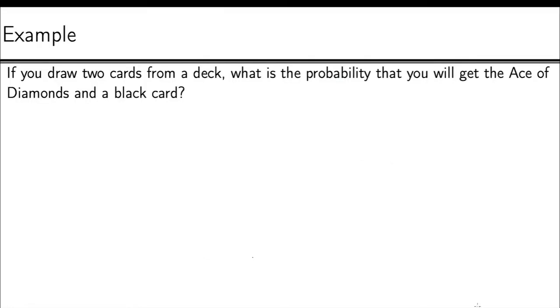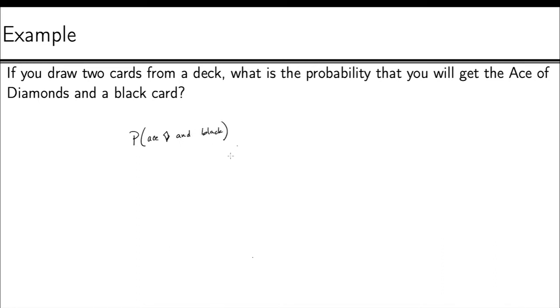If you draw two cards from a deck, what is the probability that you will get the ace of diamonds and a black card? So, probability of ace of diamonds, that's a wonky diamond, and a black card.